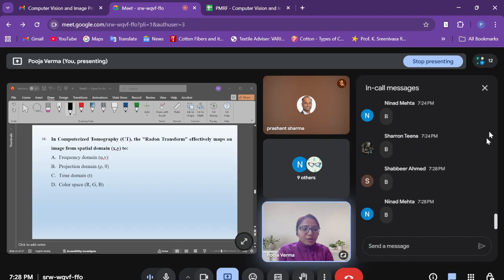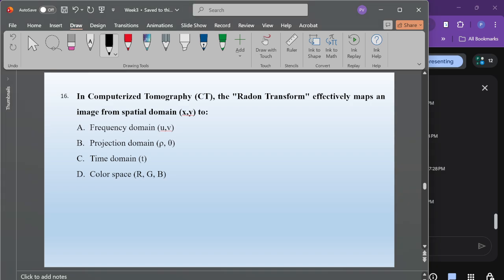Which option can be the correct one? Option B. Any others who want to give an answer for this question?